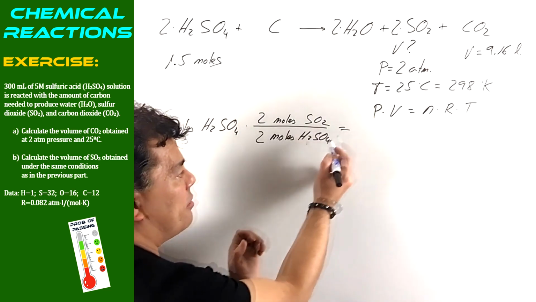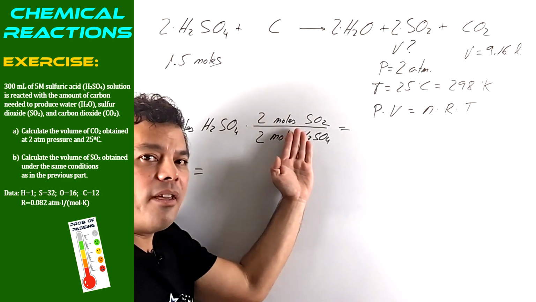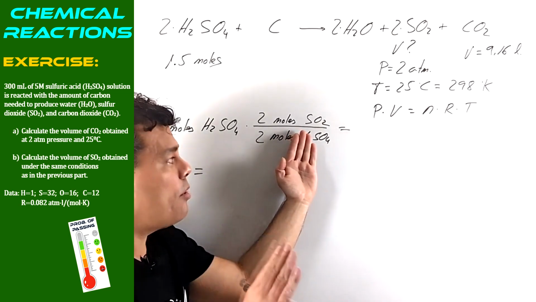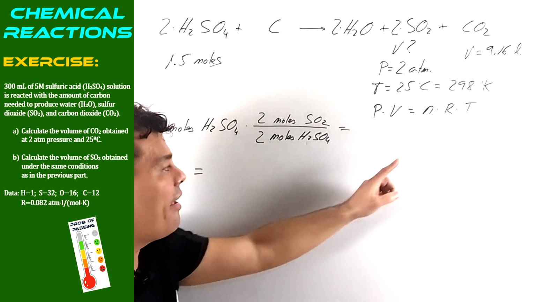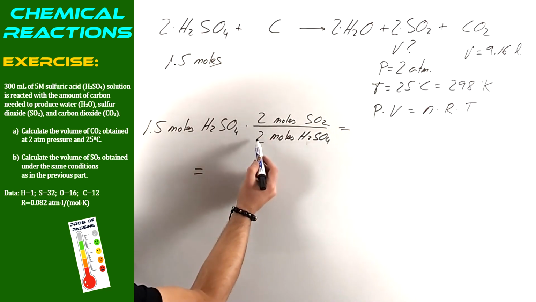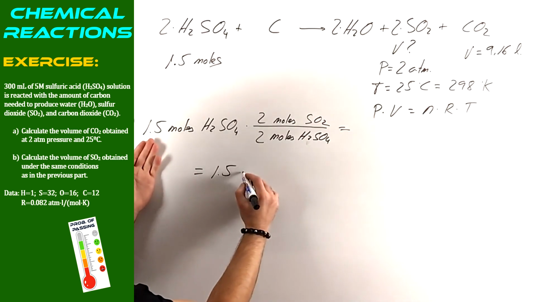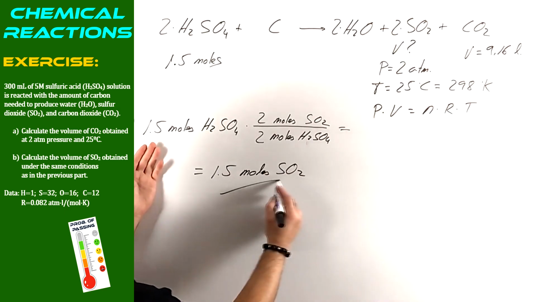And also here we are stopping the train because we want to obtain moles of sulfur dioxide, not grams, only moles in order to place this data here. And 2 divided by 2 is 1, which means that we will also obtain 1.5 moles of sulfur dioxide.